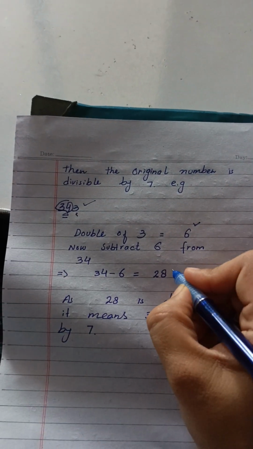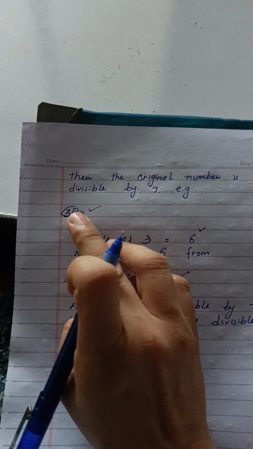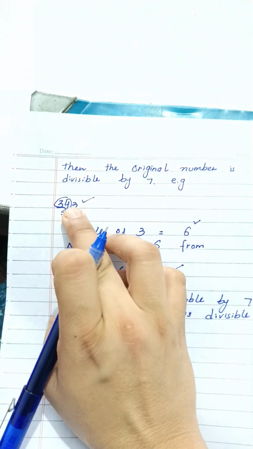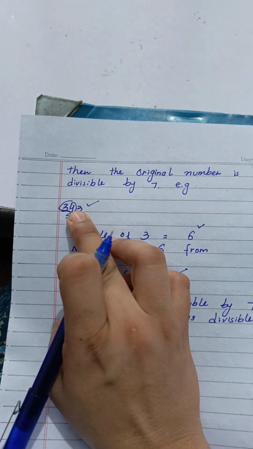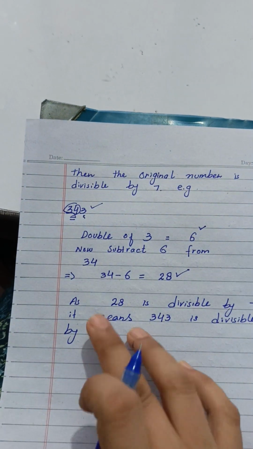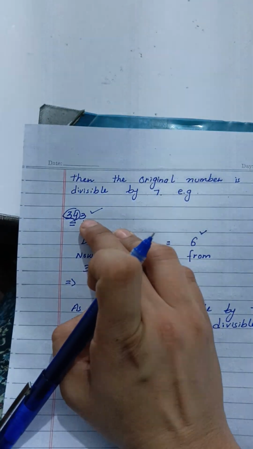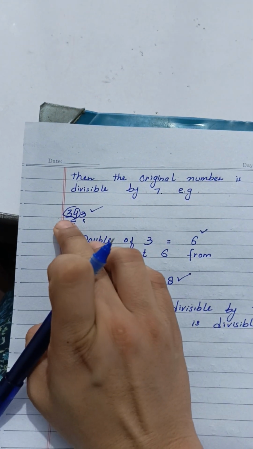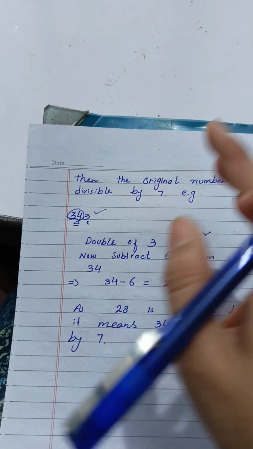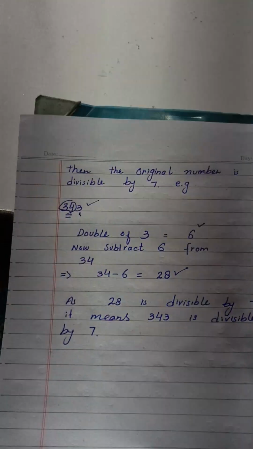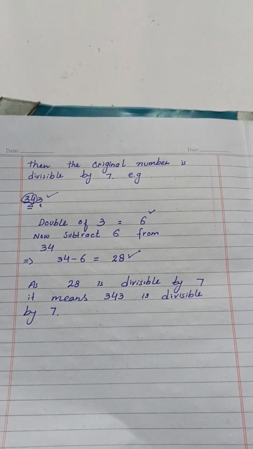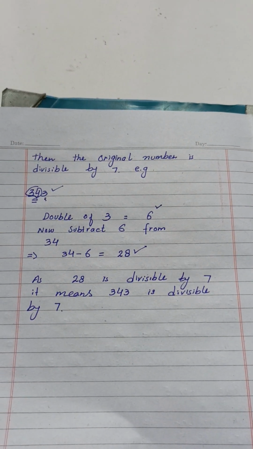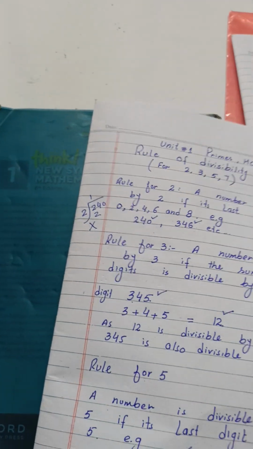So if this result is divisible by 7, we say that the number 343 is also divisible by 7. Clear? So what is the rule for 7? You will simply double the last digit, then subtract the result from the remaining digits. If the result is divisible by 7, then we say that the number is also divisible by 7.